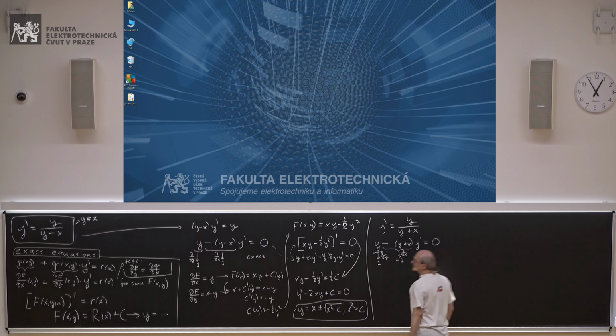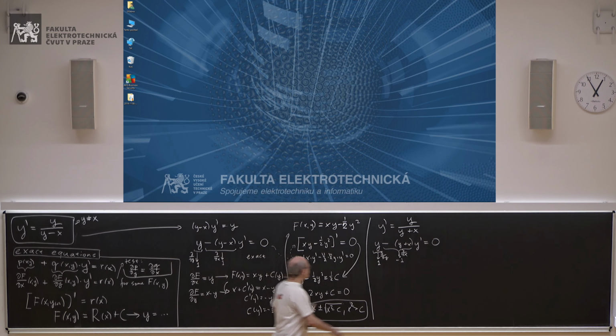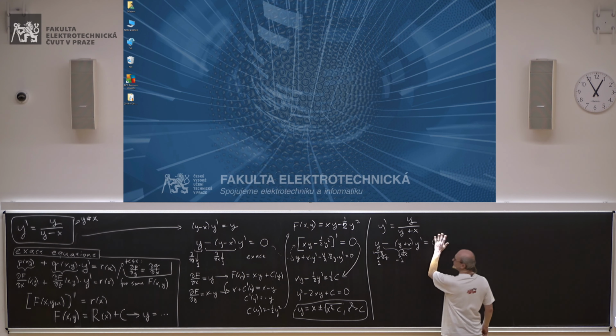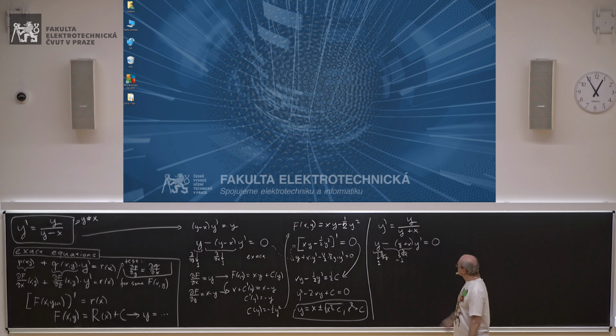Some expression with x, that's this r(x) here. But whatever x I put here, I would have to add it. Adding here, it wouldn't change the 1, because after differentiating by y, it would disappear. Okay? So that's something I cannot fix by playing with the right-hand side, unfortunately, in this way by adding. So this equation is not exact.